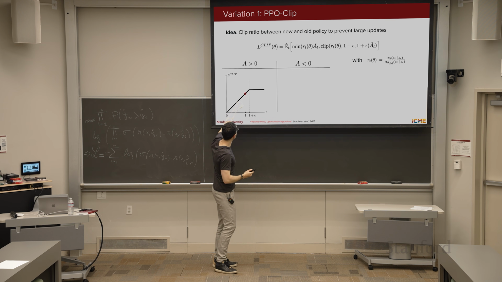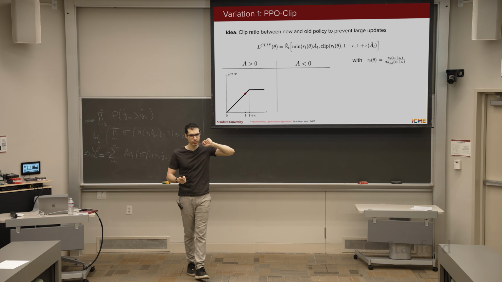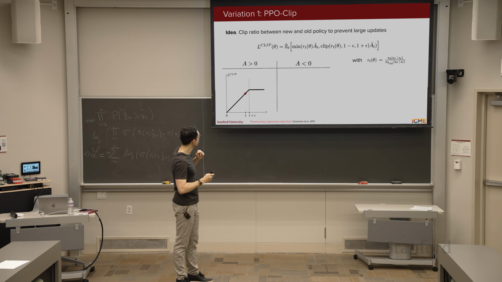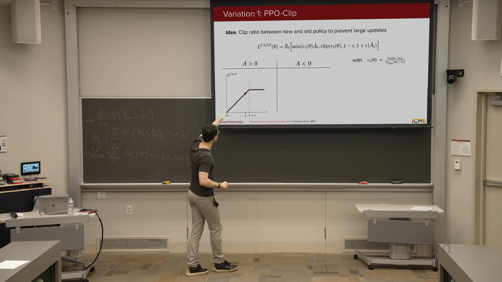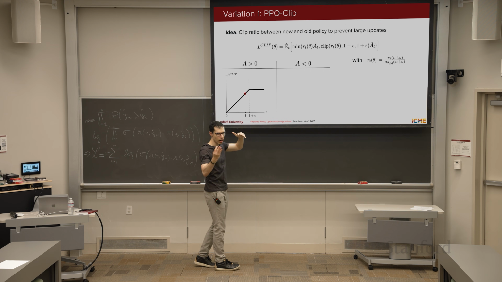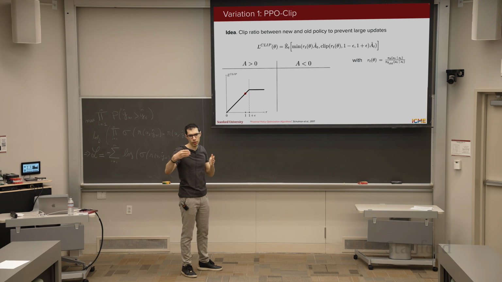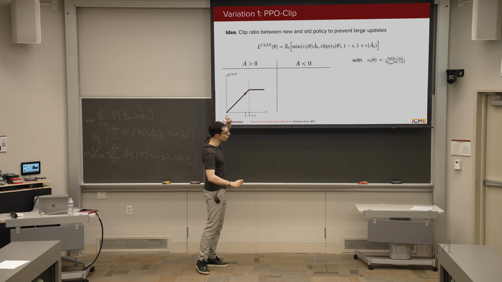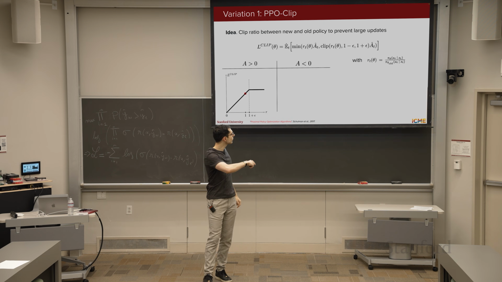But we don't want it to be too high. So that's why we have this clipping mechanism. We want to maximize L, so we go towards increasing R, but we don't want to increase R too much. So that's the rationale for this.